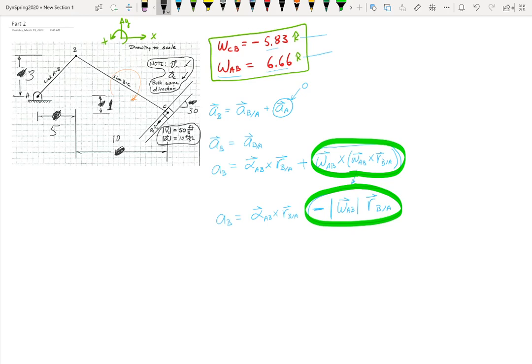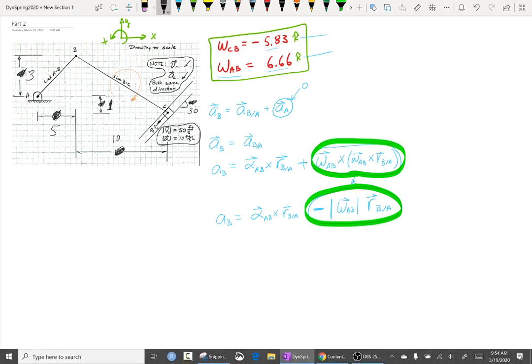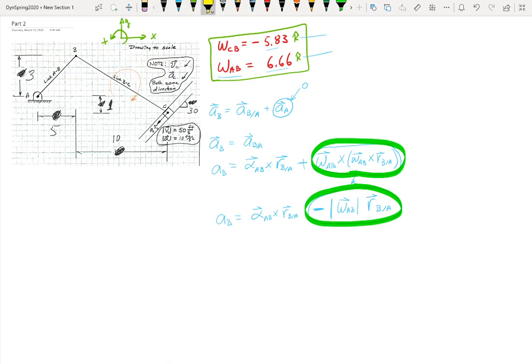Okay, so now in my problem, I have to find a vector which points here. That vector is called R, vector drawn to B relative to A. That's pretty simple. That's 5I plus 3J. So there's that one. Okay, so we're going to need that right here.